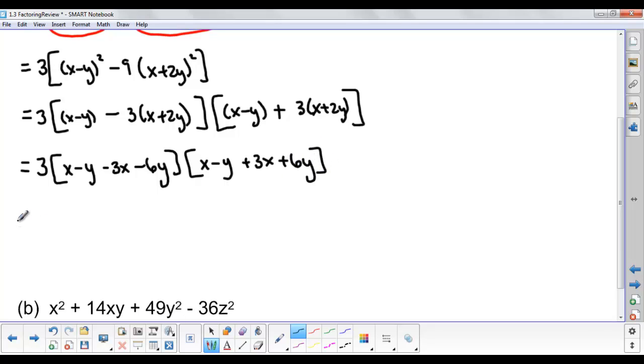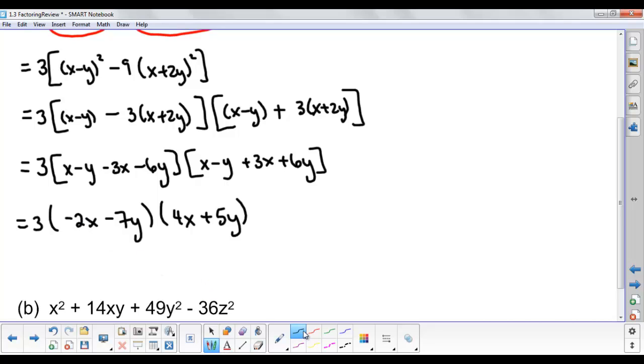And then our last step is just collecting like terms inside of those brackets. So x take away 3x gives me negative 2x. Negative y take away 6y. X plus 3x. Negative y plus 6y. Now I notice that inside this bracket I have two negative terms. Generally, for good form, you don't want to have the first term of your bracket to be negative.